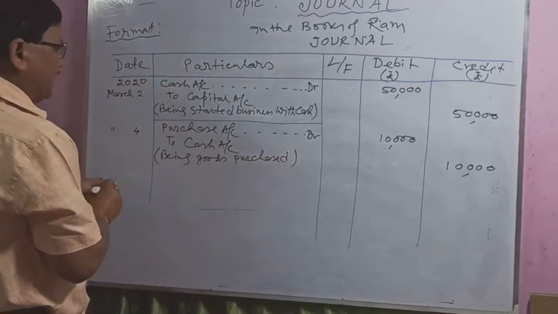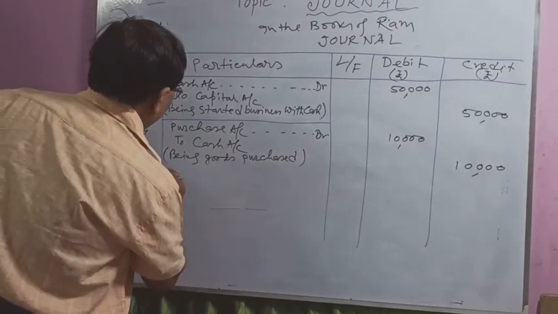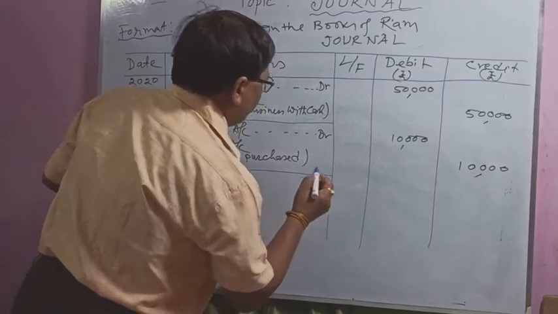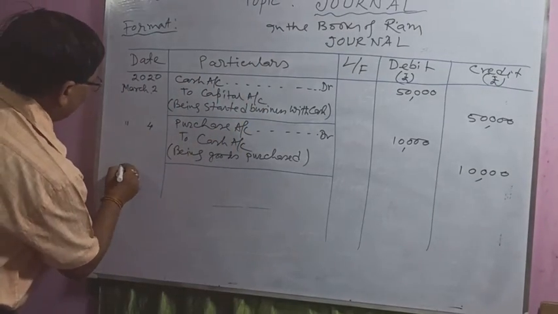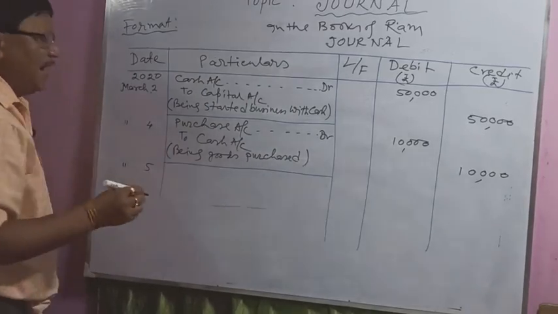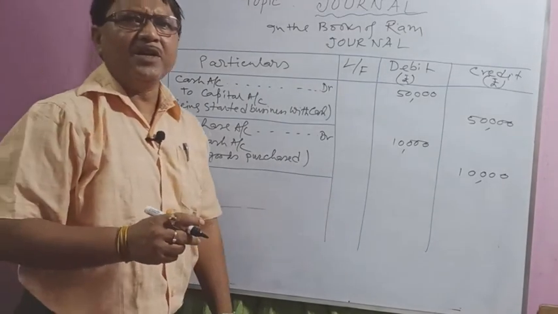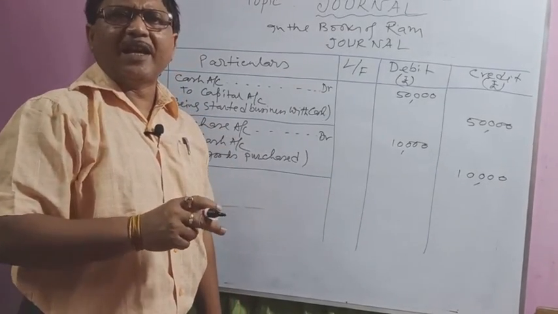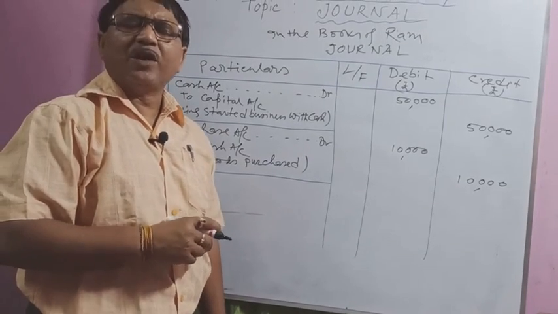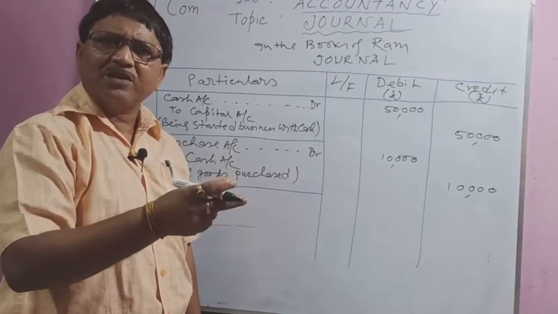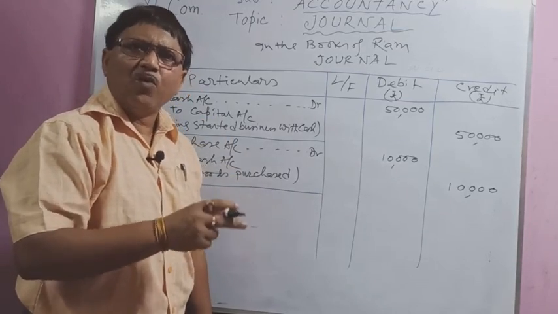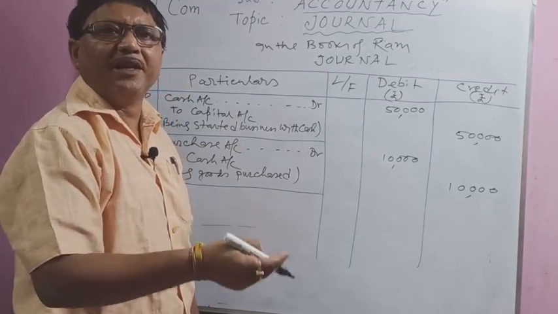Now next transaction: wages paid, rupees 8,000. Say 5th March, wages paid rupees 8,000. Two accounts are opened, one is wages and the other is cash. The wages account is what type of account? Nominal account. Apply the golden rules: expenses and losses are debited, so one account is debited and the other is automatically credited.